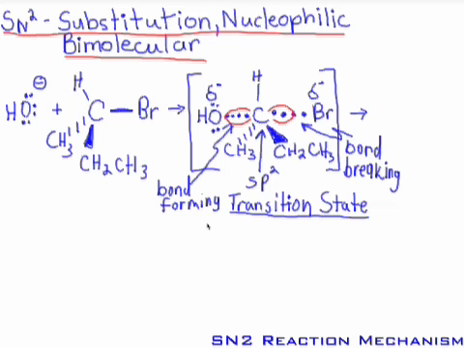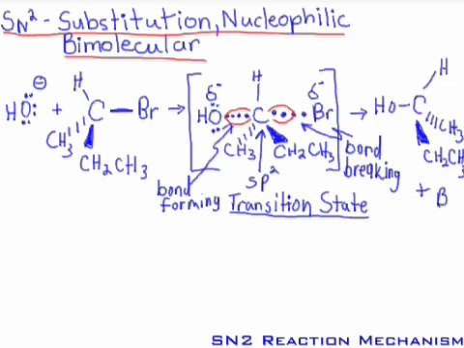So we have a bond forming and bond breaking, 5-coordinate transition state where carbon has gone sp squared. By the time bromine has completely left, our HO has attached to the carbon. The bromide has left, so there's plus a Br minus here.